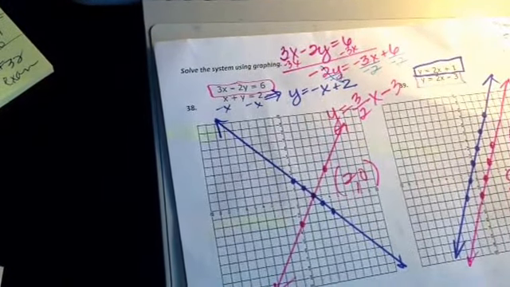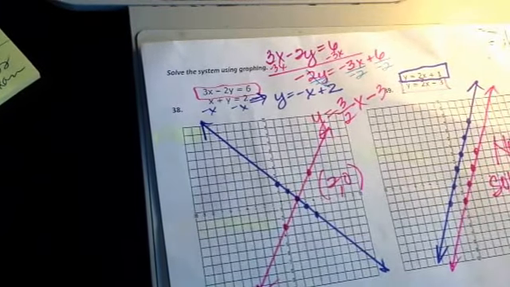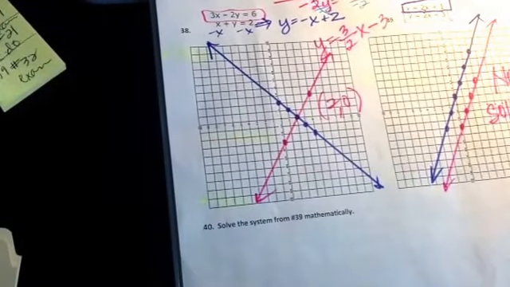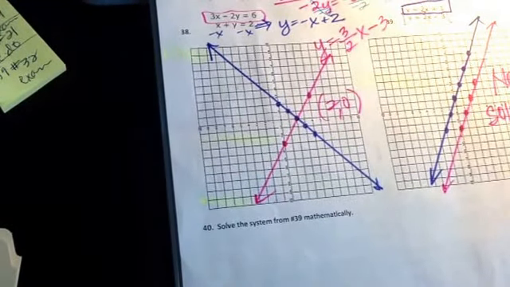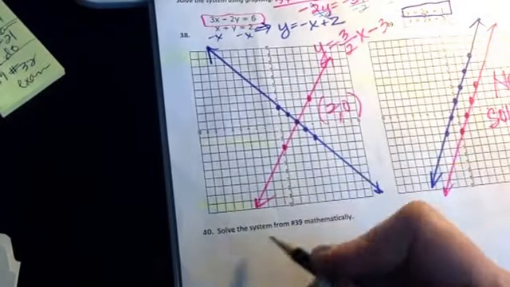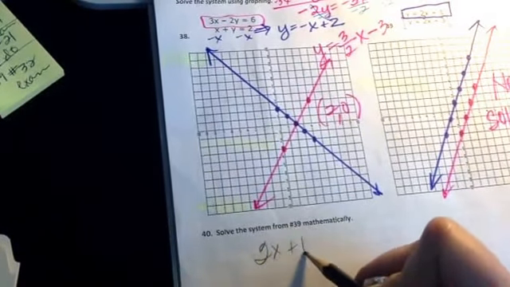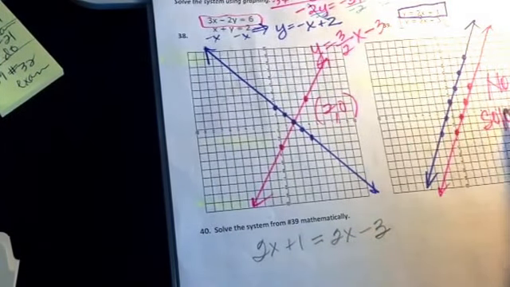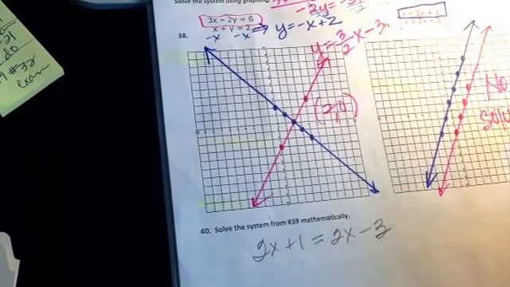Now, number 40 wants us to solve 39 mathematically. I don't tell you how. They're both y equals, so set them equal to each other. And we already know something about this, that there's no solution.